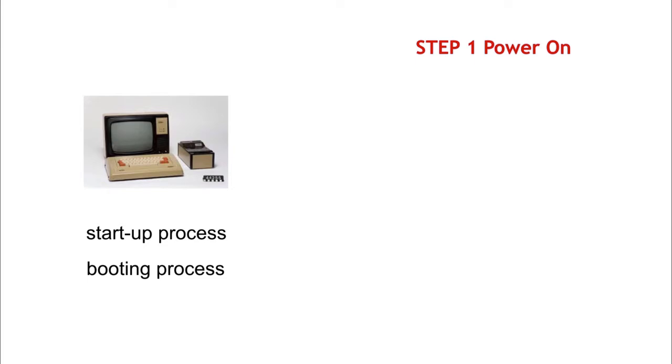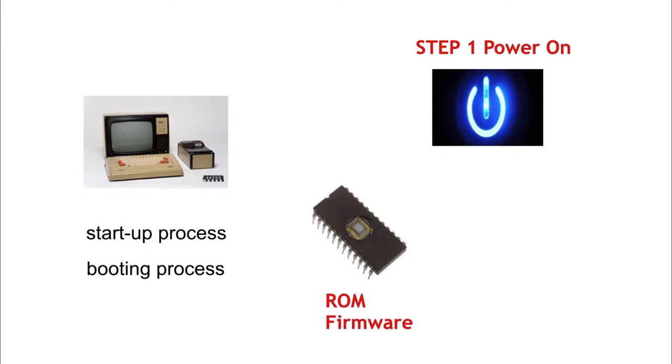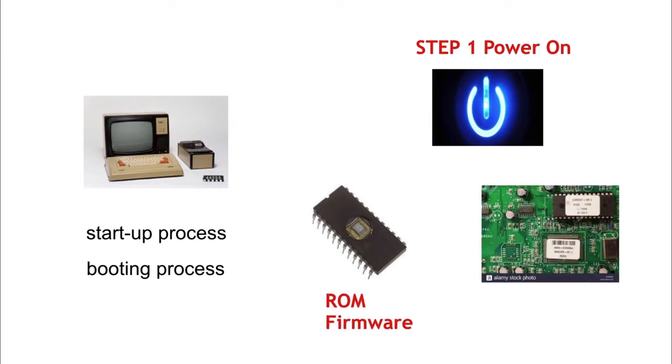Before we explain why the memory address is 0x7c00, we have a quick look at the startup process of a computer, which is also called the booting process. Step 1, power on. This step is applying power to the machine. Then the CPU executes some startup code in ROM, or read-only memory, which is located on the motherboard.